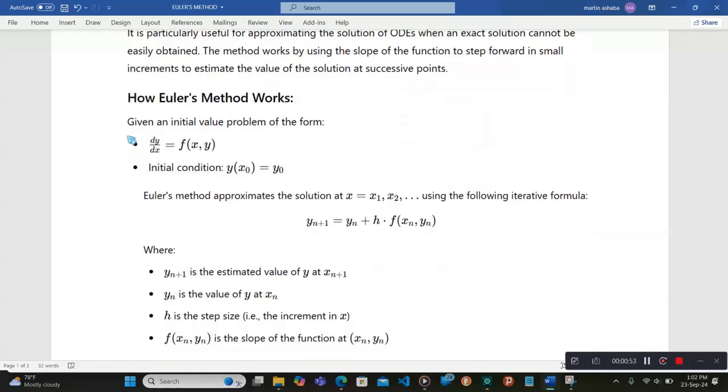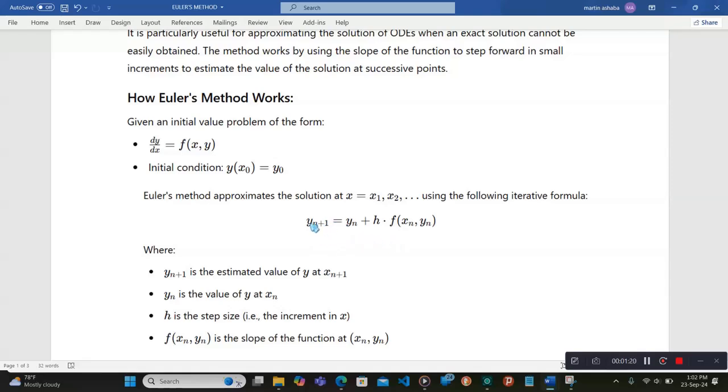If you're given the function, which is now going to be f of x, y with its derivative, then you need to know the initial condition. The initial condition is always in the form y of x naught is equal to y naught. So we can use the method by looking at what is y n plus 1.